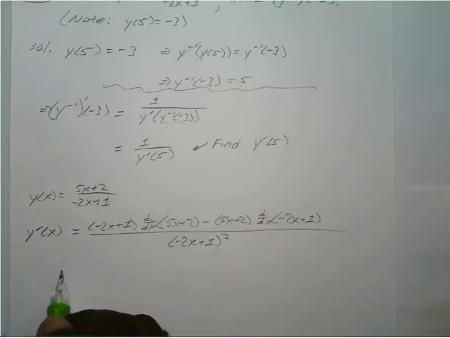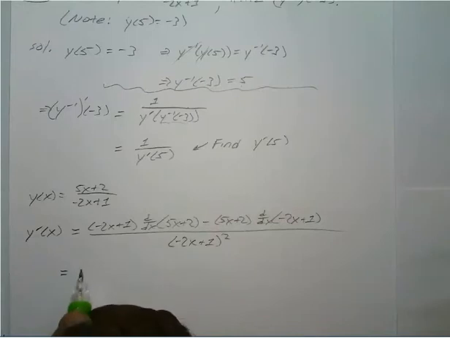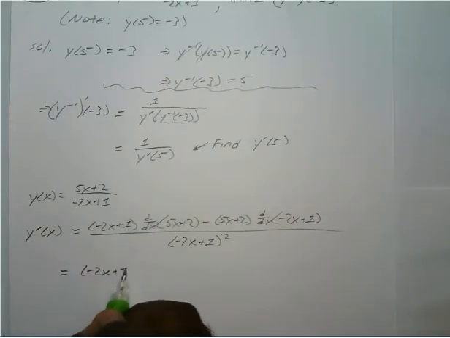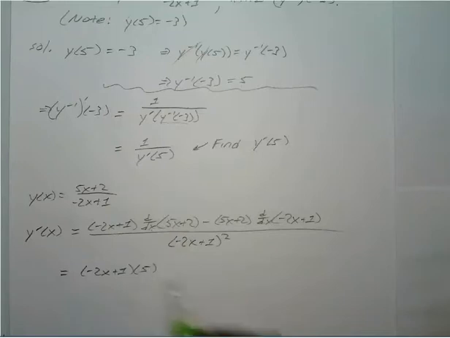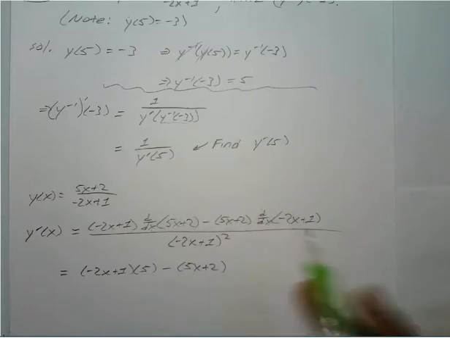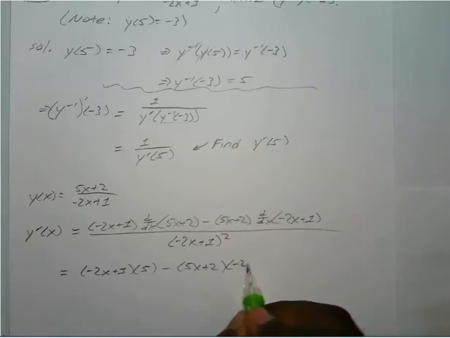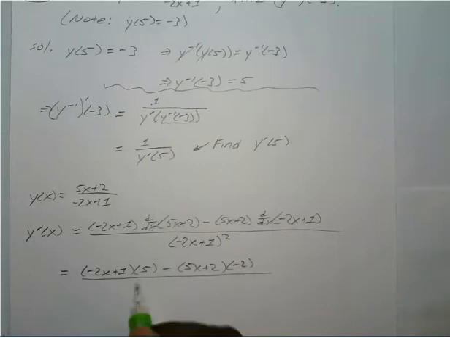Alright, so that will give us negative 2x plus 1 times the derivative of 5x plus 2, which is just 5, minus 5x plus 2 times the derivative of negative 2x plus 1, which is just negative 2. Again, all over your denominator squared.